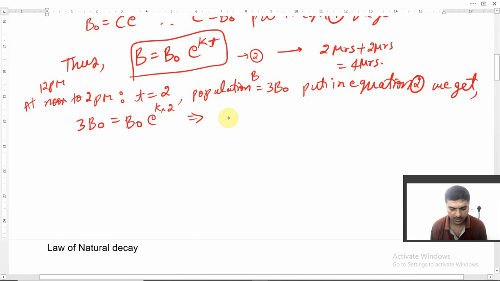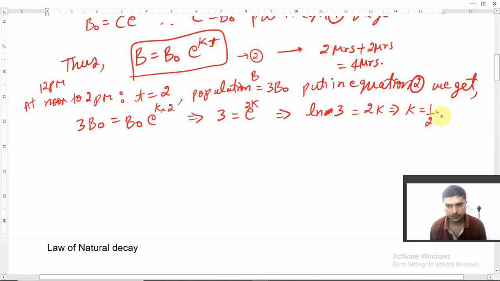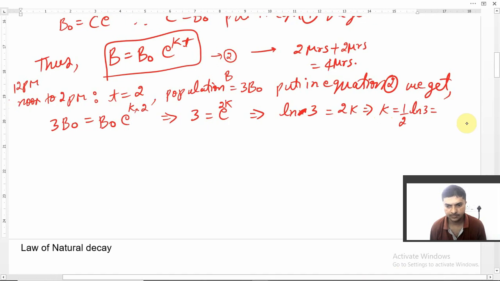So b naught will get cancelled, so 3 is equal to e raised to 2k. If I simplify this side, you will get ln 3 is equal to 2k. That implies k is equal to 1 upon 2 ln 3, which is equal to, somewhat you will get 0.54930.